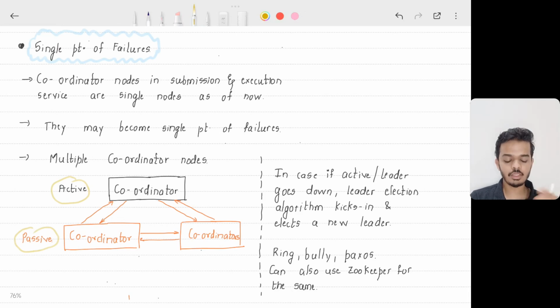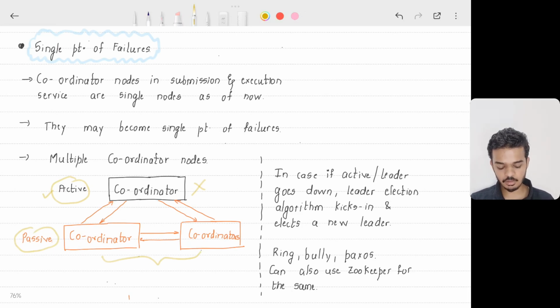That is why we will have them on different networks or different power supplies. Okay. So amongst all the coordinator nodes, one is going to be active and others are going to be the passive coordinator nodes. Now in case if the active coordinator node fails, a leader election algorithm kicks in. Okay. That leader election algorithm will make one of the remaining coordinator nodes as the leader and others are again the passive coordinator nodes.